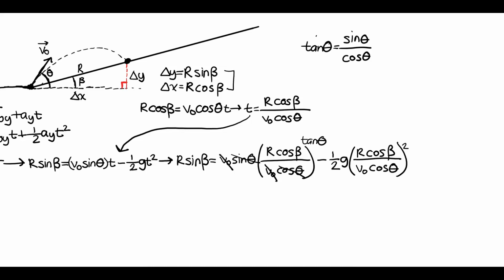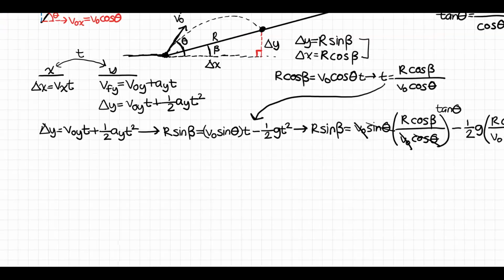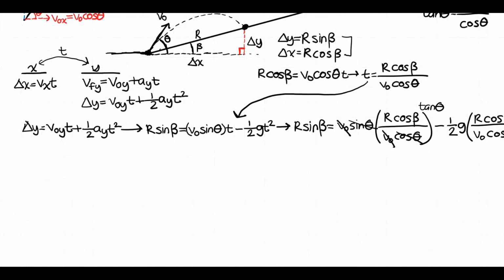So what we're left with is r sine of beta equals r cosine of beta tangent of theta minus this ungodly expression, g r squared cosine squared beta over 2 v naught squared cosine squared theta.